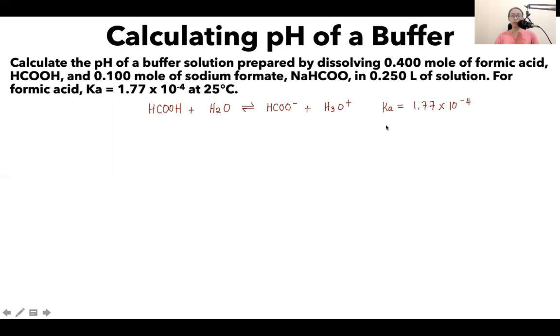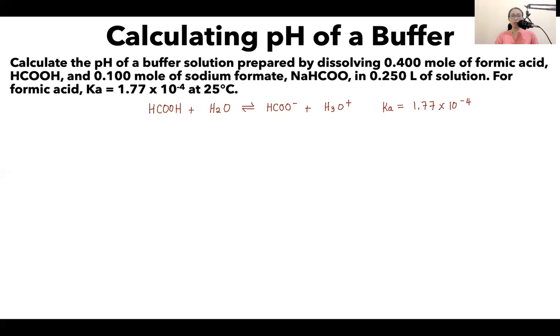Now, the buffer is prepared by dissolving 0.400 mole of formic acid and 0.100 mole of sodium formate. Again, this salt, the sodium formate, will be the source of our conjugate base.